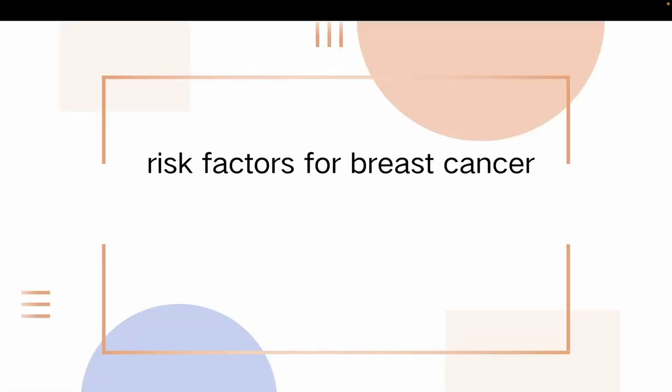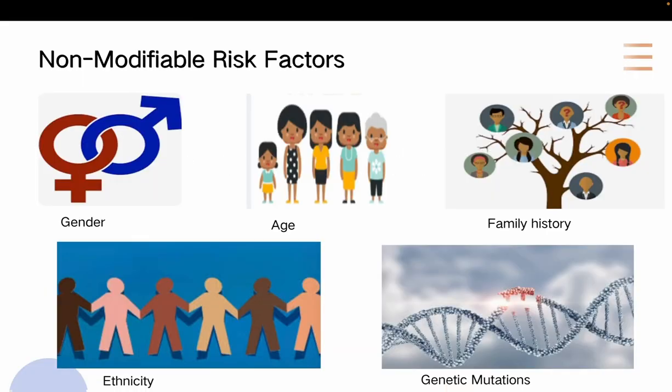The risk factors for breast cancer. Non-modifiable risk factors. Women are significantly more likely to develop breast cancer than men. The risk increases with age, with most diagnoses occurring in women over 50. Having close relatives, like a mother, sister, or daughter with breast cancer can increase the risk, particularly if multiple family members are affected.